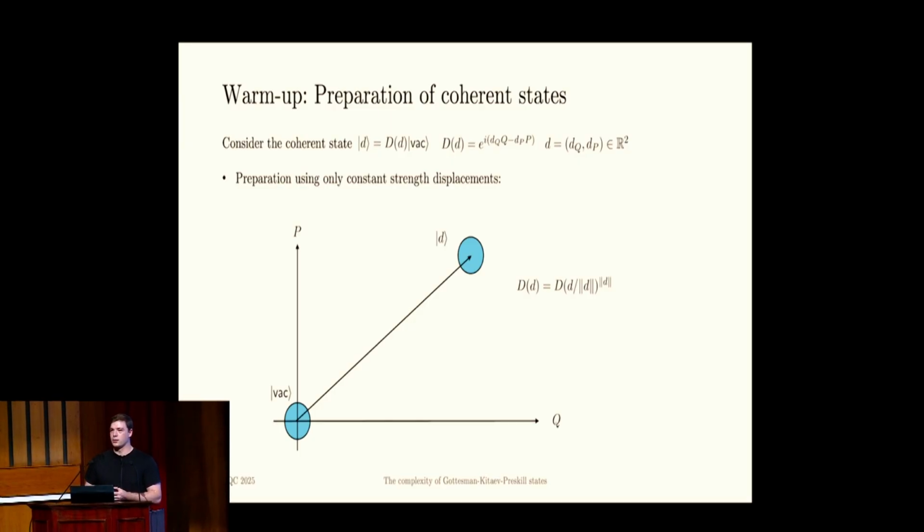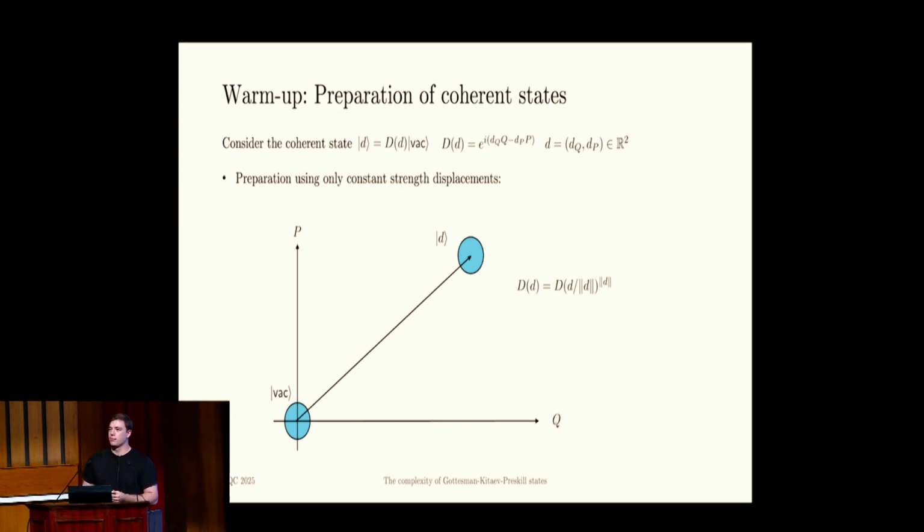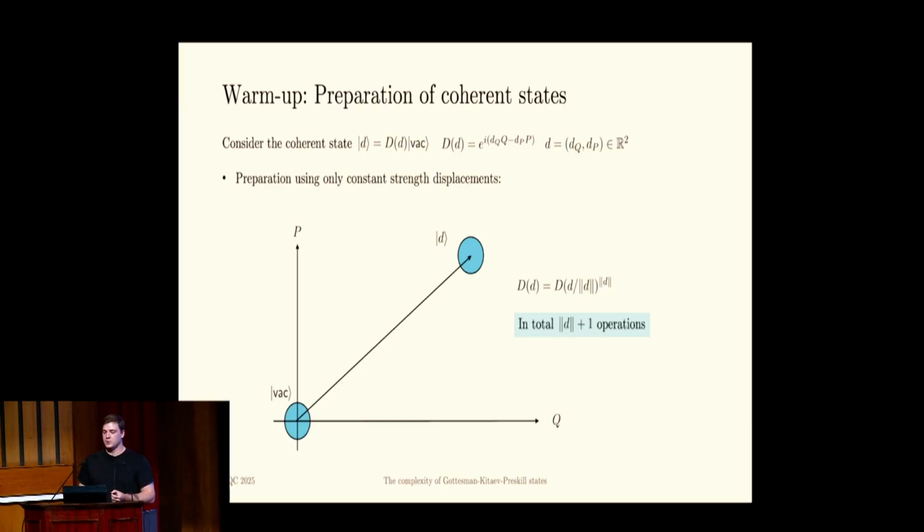And if we only allow for constant strength displacements, the best thing we can do is decompose this displacement unitary into constant strength versions thereof. So we start from a vacuum state and then shift it one by one in phase space until we reach the desired coherent state. And it's easy to see that this basically requires norm of D many operations.